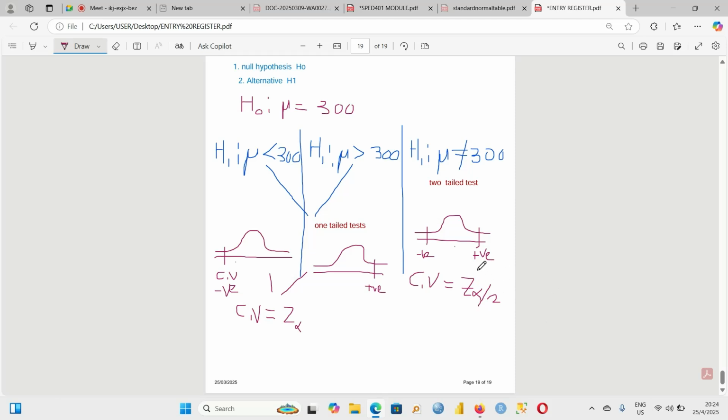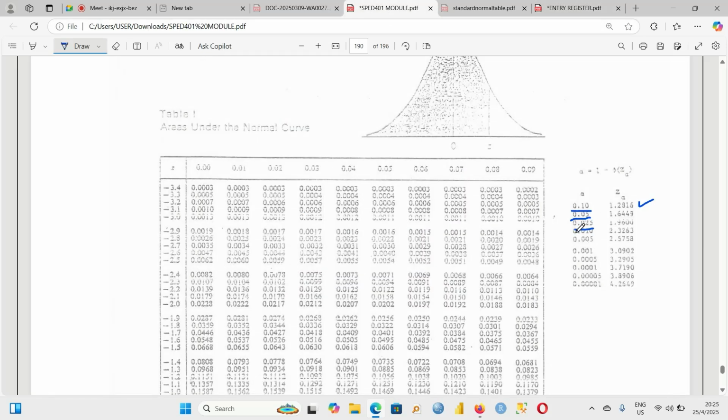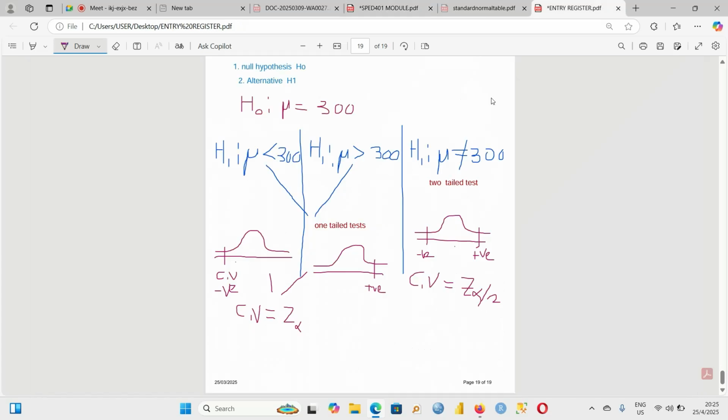So my critical value is Z of 2.5%, and 2.5% is 0.025. Then the Z alpha will be 1.96. So in this case, my critical value will be minus 1.96 and positive 1.96. That will be the critical value for a two-tailed test. So that's the second stage for testing the hypothesis.